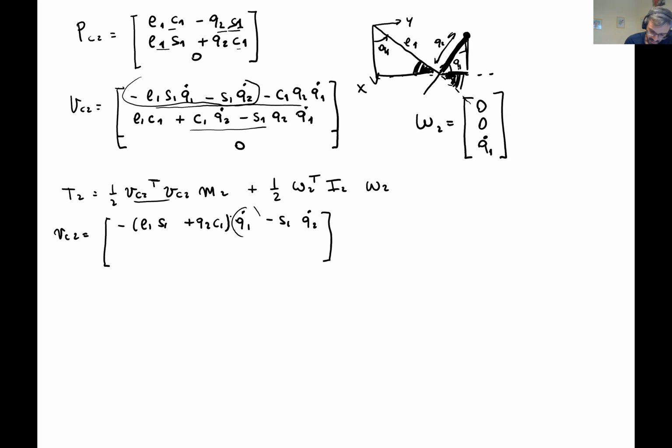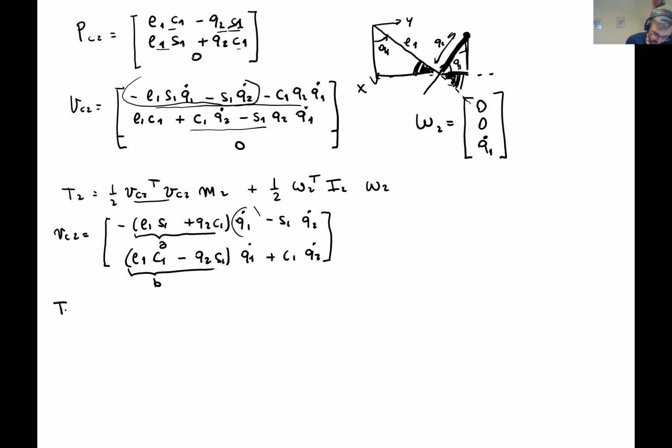I collected Q1 dot and I call this A. Then for the y coordinate, I collect Q1 dot again, and call this B.